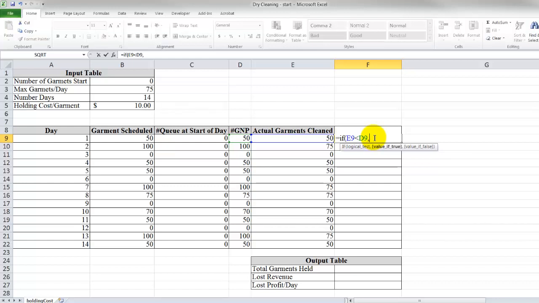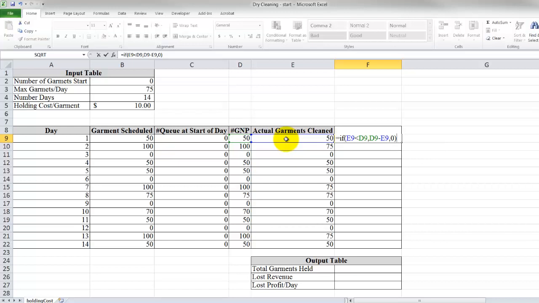And if we need to carry over, the difference will be equal to the number of garments per day minus the actual ones that we can process. If this is false, we don't have a situation where we need to carry that inventory over, so we'll be left with a 0.